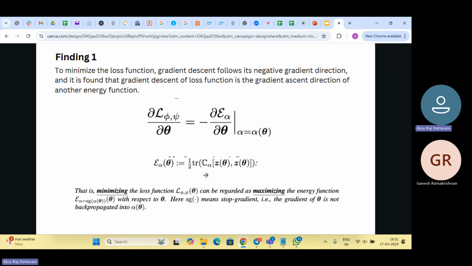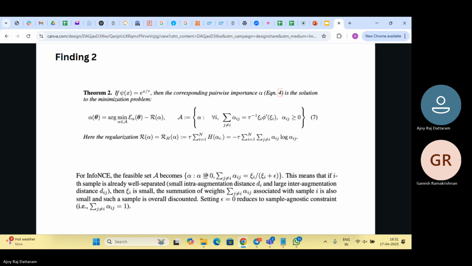I'll explain what they have given. This is the first finding of the paper: they have proved that if we take this as an energy function, this would be true. With psi as an exponential function, there is some pairwise importance to alpha.